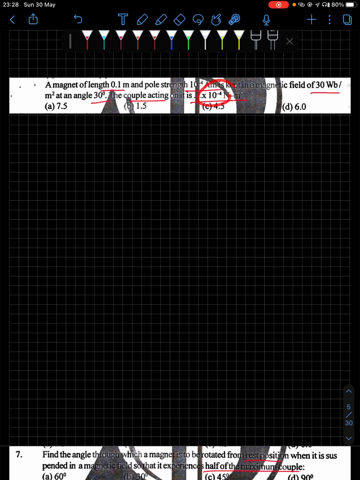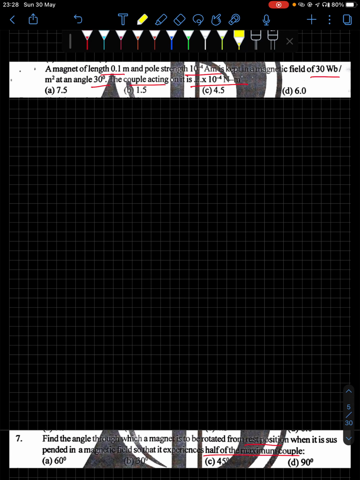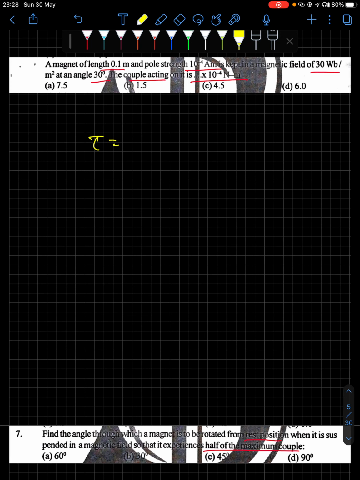So this is a very simple question. Since magnetic length and pole strength are given, you can get magnetic dipole moment from here. Our torque relation, couple is torque, right? We call torque a couple because when you have this dipole, you have a force acting along the field at this point and the other force acting this way.